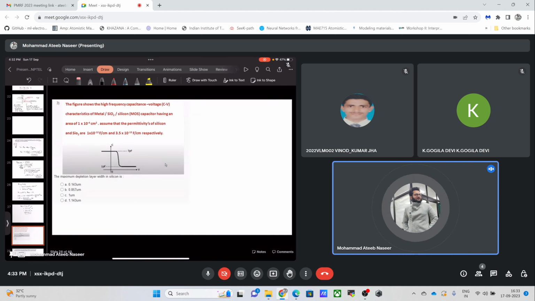Now let's move towards another problem. From this curve you can easily say that this is the MOSFET when we are having the AC signal of high frequency. Clearly, because this is not going again to the value of the oxide capacitance.